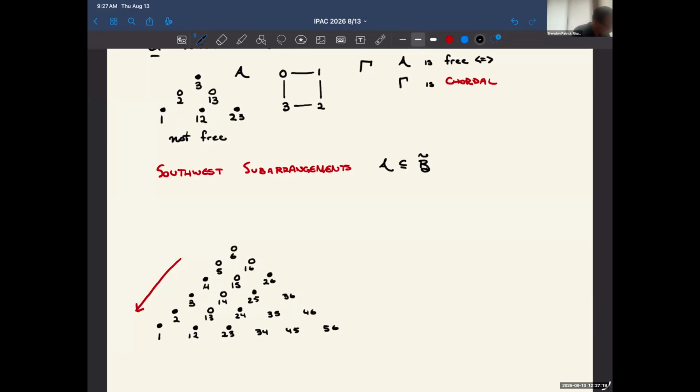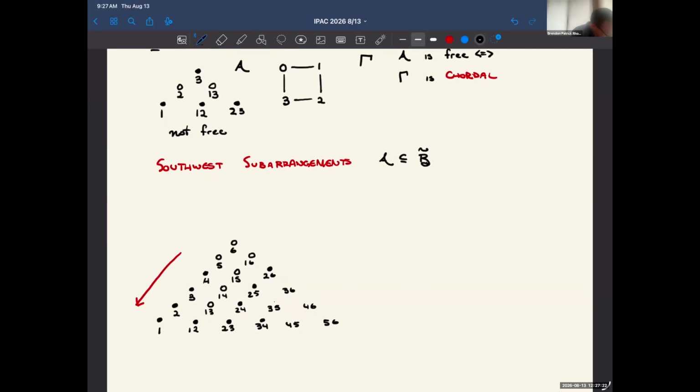And maybe I have something like 3, 4, and 3, 5, but not 3, 6. And maybe I have 4, 5, but not 4, 6. And not 5, 6. So every ideal arrangement is automatically southwest, but southwest arrangements don't have to be ideal arrangements like this. The number of southwest arrangements is like n plus 1 factorial.